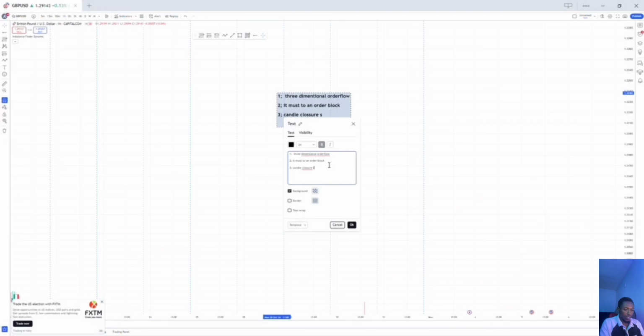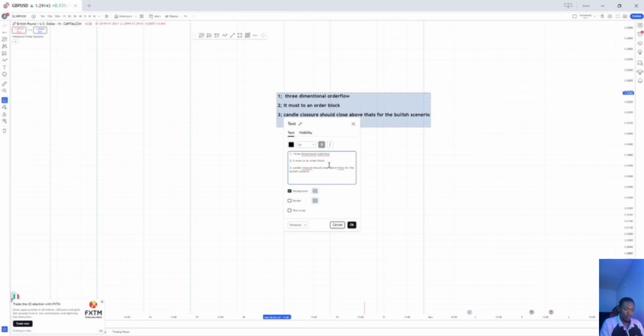It should close above the fair value gap. That's for the bullish scenario.